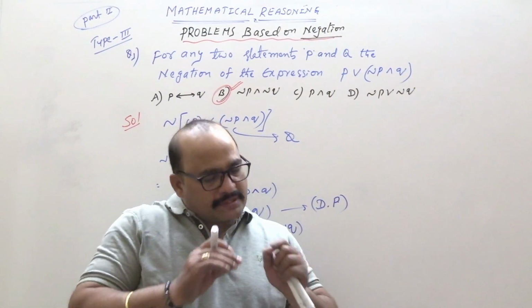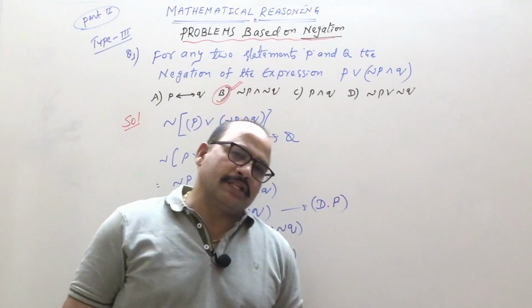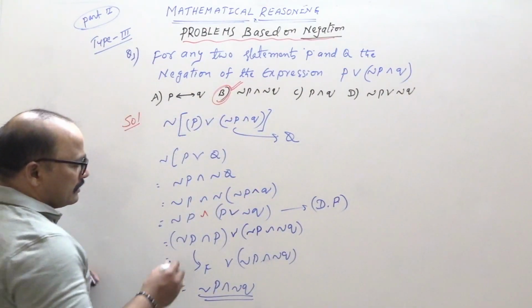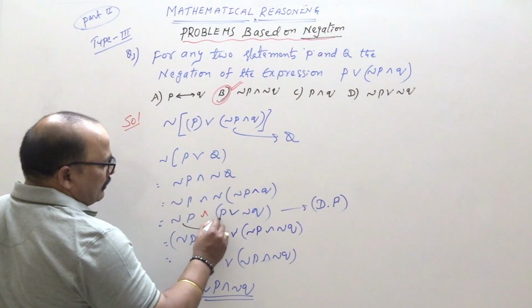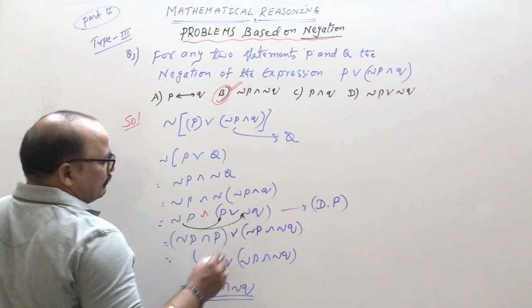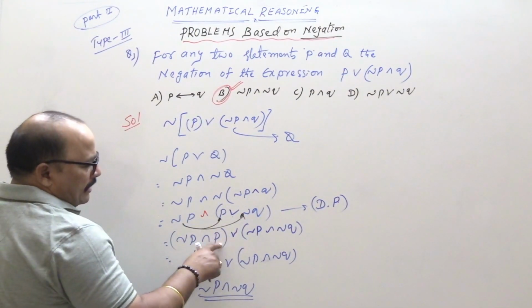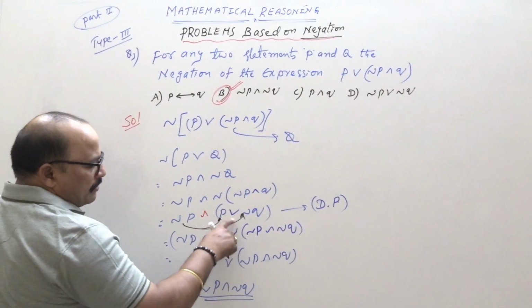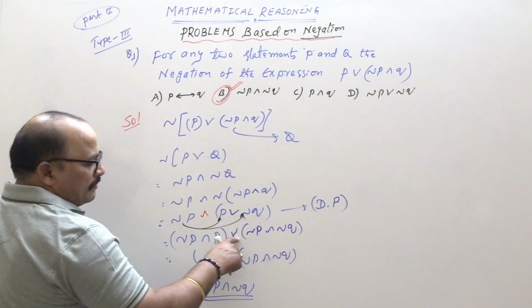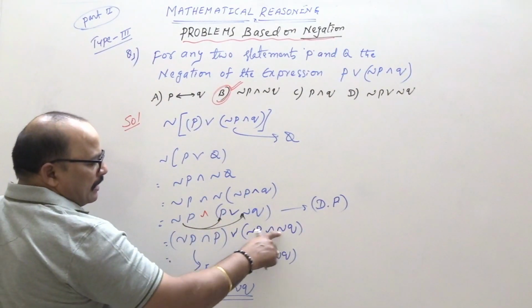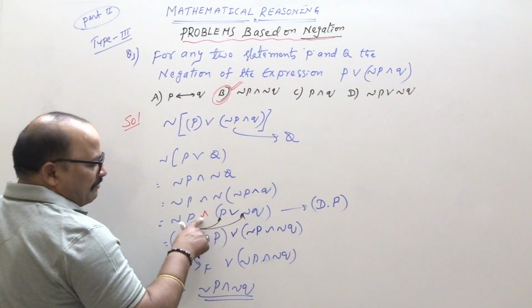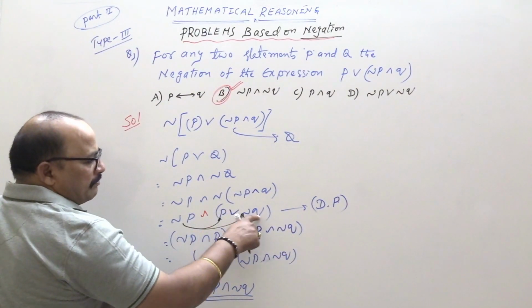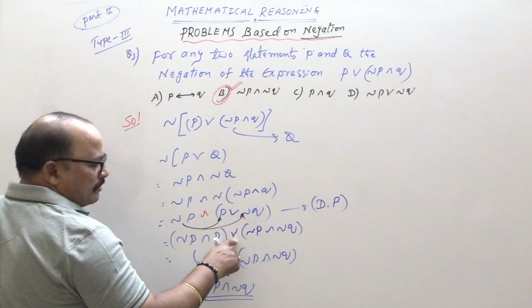And R is there, then go for distributive, this one and this one. Negation P and negation P, the symbol in the middle comes here, the symbol between the two comes here. Negation P and, in red color, negation Q. So be careful students, the symbol between those two members comes here.